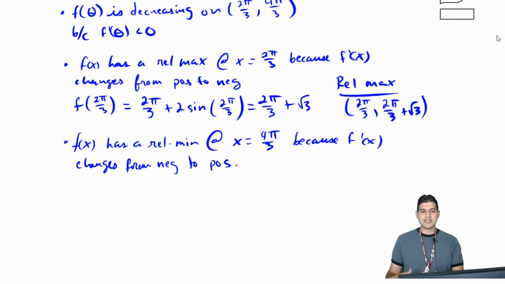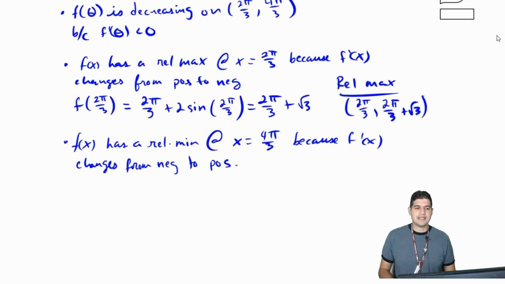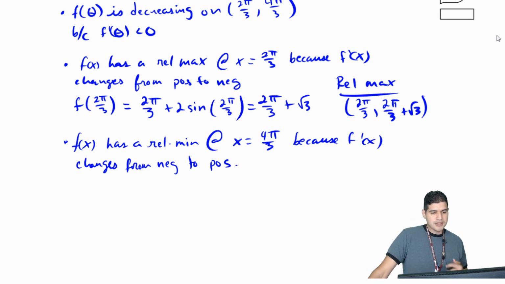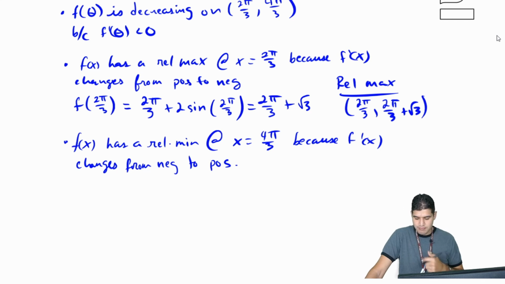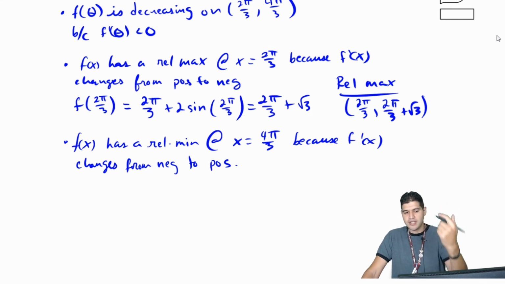I know it seems like a lot to write each of these times, but again, know that you're going through this entire process and you really want to ingrain yourself into these justifications. So since I know that at x equals 4 pi over 3 there's a relative minimum, let's find the exact coordinate for that.